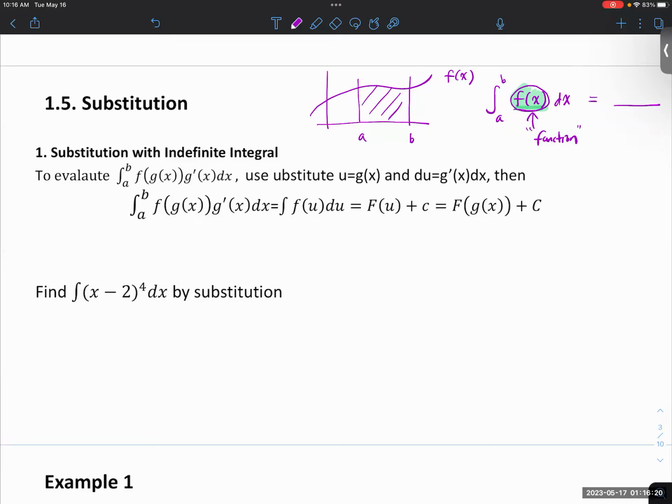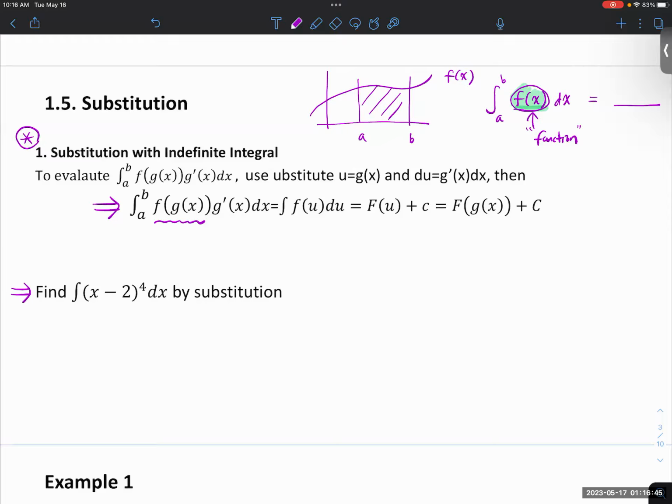So here is the case. If you have a composition function, we are going to use the substitution method to take the integral in an efficient way. The formula here looks so ugly, I totally get you, so let me show you the example.